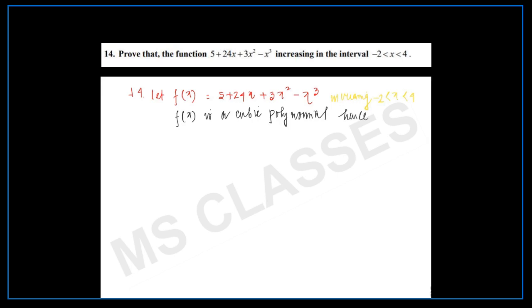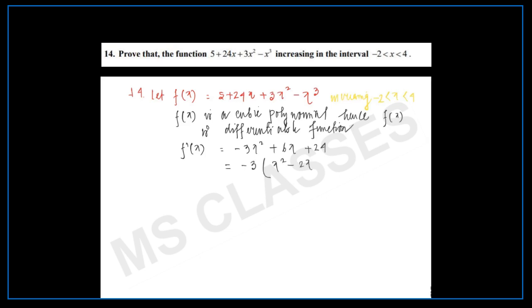Hence, f(x) is a differentiable function. Now, if we find f dash x, what we get? Minus 3x squared plus 6x plus 24. If we take minus 3 common, x squared minus 2x minus 8.